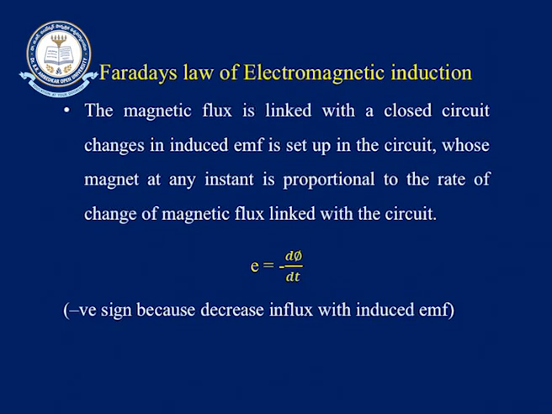What is the definition? The rate of change of flux is directly proportional to the electromotive force. Here electromotive force is taken as E and it equals minus d phi by dt, where phi represents the flux. Why the minus sign here? The minus sign represents the direction. Both are in opposite directions. That is the second law.